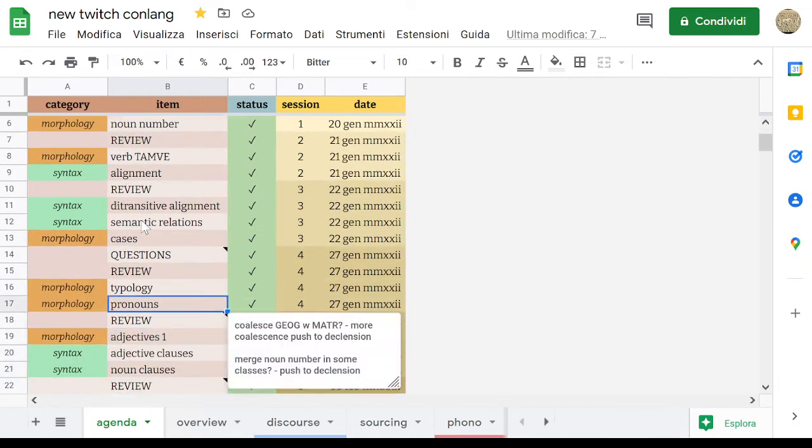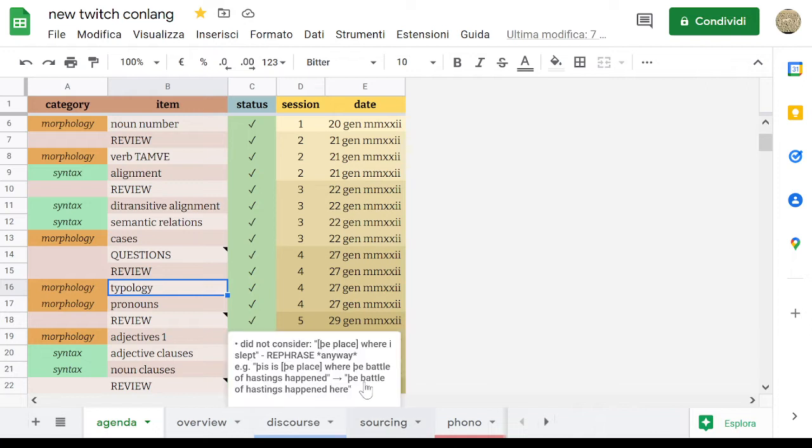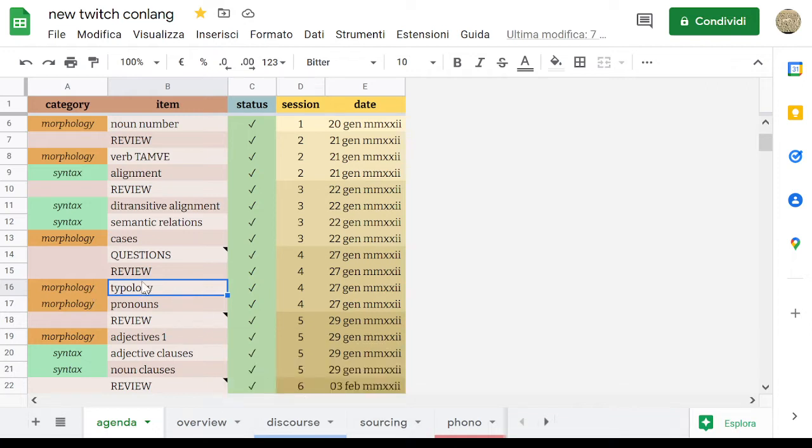Then we talked about the typology of the language, how it's going to be broken up, how fusional or agglutinative it will be, and this is still kind of in flux. It's going to actually depend a lot on some of the discussions we have tonight.